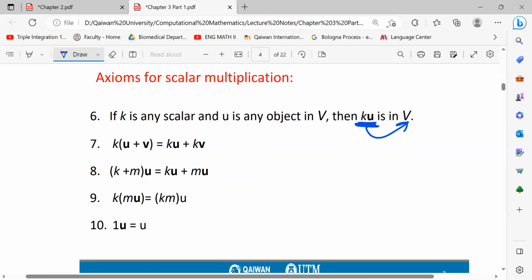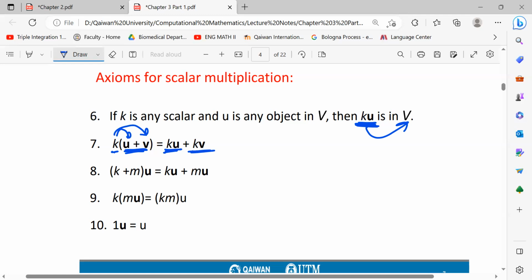That means if we pick any vector in V, and multiply it by any real number, it must be in V as well. Then, if you multiply the sum of two vectors by K, it must equal K multiplying each of the vectors. So it is distributive. Okay, it must be true.